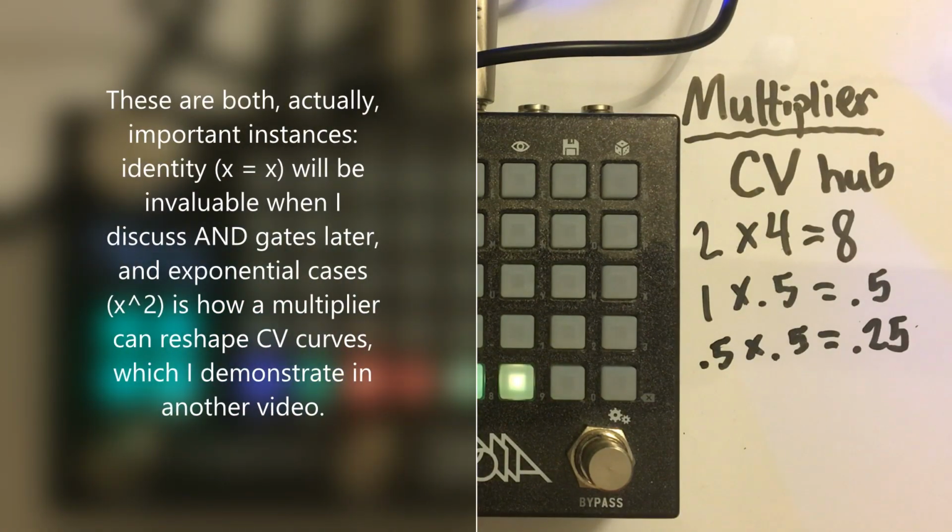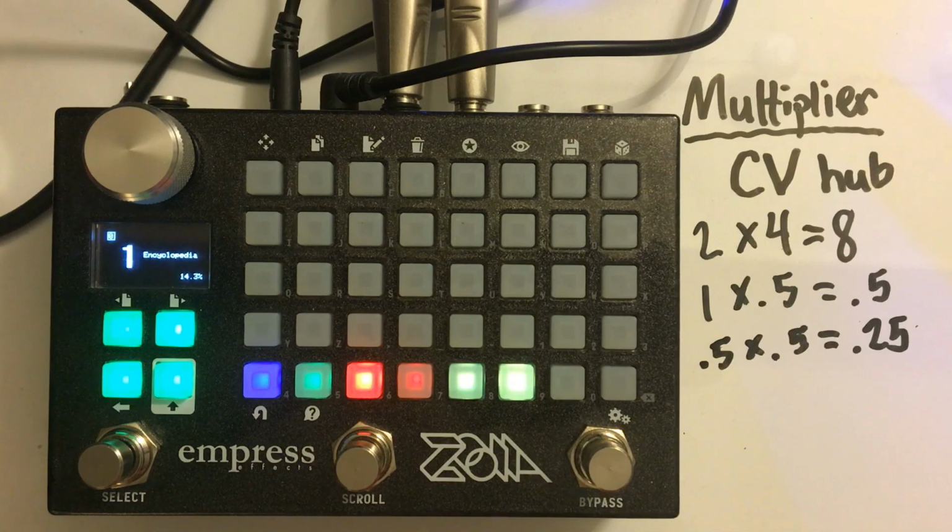When the number is less than 1, the outcome is a number that is smaller than or equal to either of the factors. And so I think people look at this and go, oh, I made a smaller number. What do I do with that? And it turns out you can do a whole lot with that.